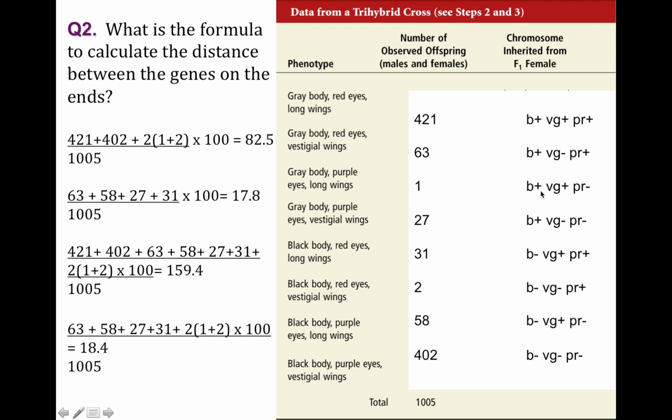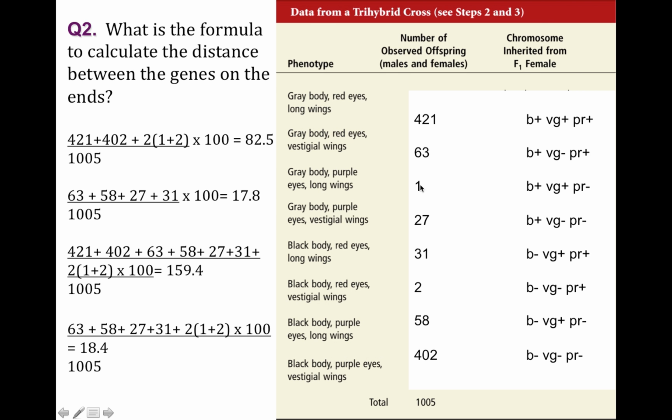So we actually had to have 1 recombination event to get to wild type body color and purple eye color, and then another recombination event to get back to the vestigial, the wild type wing shape. So we actually had 1 recombination event and then another recombination event.